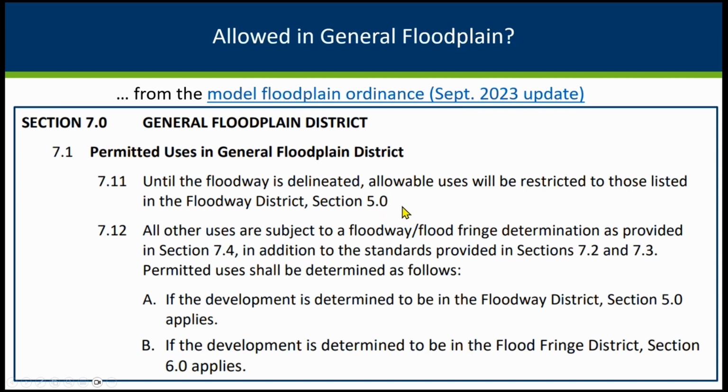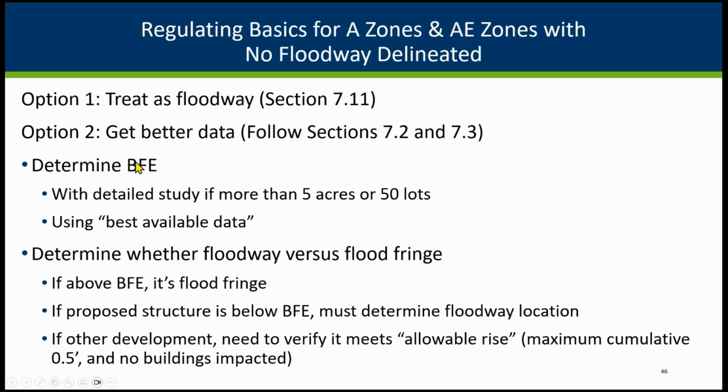Then if they do want to determine if it's floodway versus flood fringe, they can do that. And then once that's been determined, the floodway area will be treated as floodway, and the area that you've newly determined to be flood fringe can meet the flood fringe requirements. So again, first option, treat the whole thing as floodway. Second, you get some better data on where's the floodway versus flood fringe.